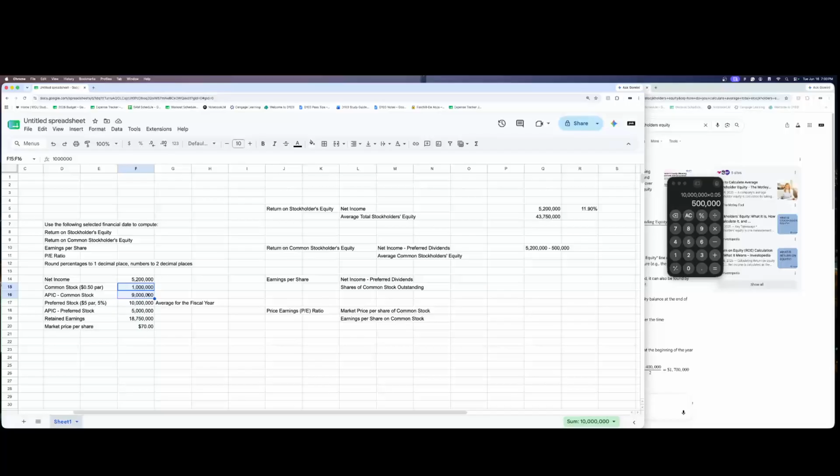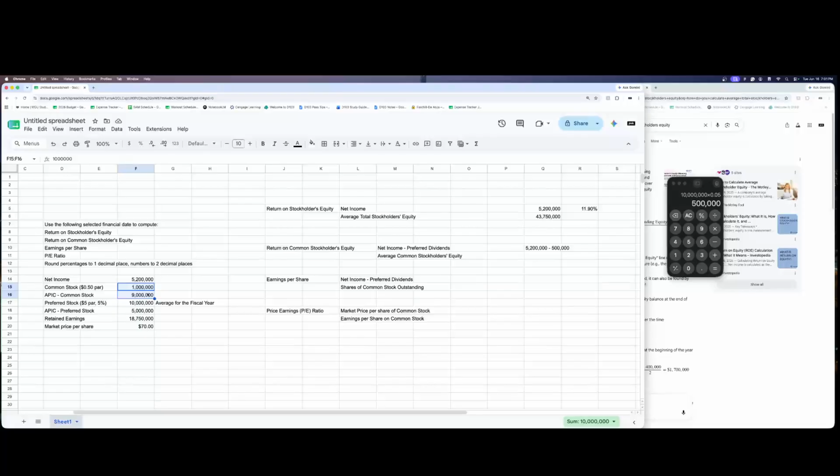But actually, to find the average common shareholder equity, you go with retained earnings plus common stock.